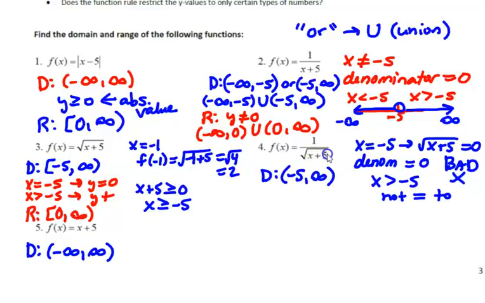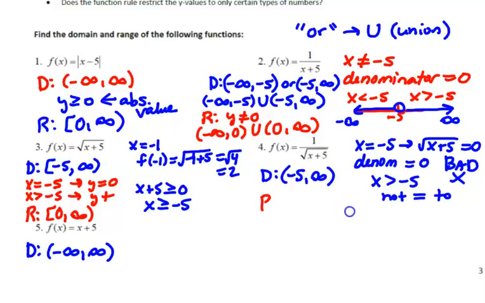If x is really, really close to negative 5, but a little bigger than negative 5, then I'm going to have a really small denominator, like negative 5.01 plus 5. Divide 1 by a really small number, and I get a really big number. Exactly like what we did up here. So y could be any size number. It just can only be positive.